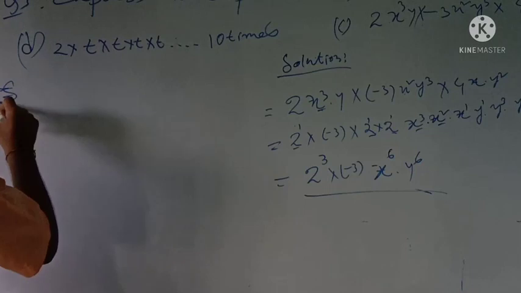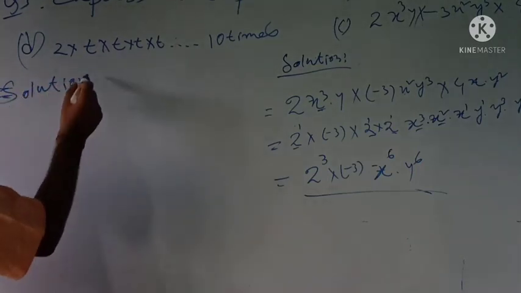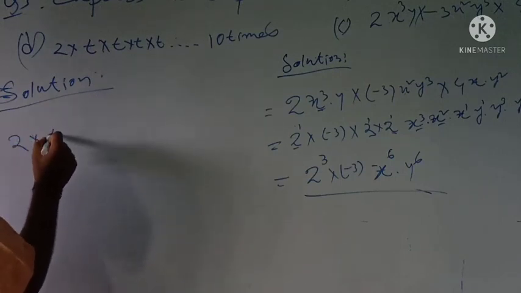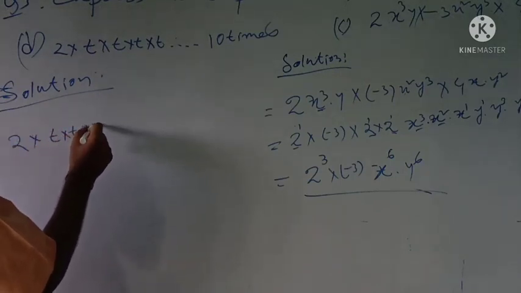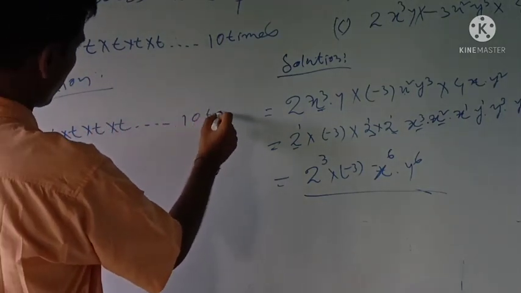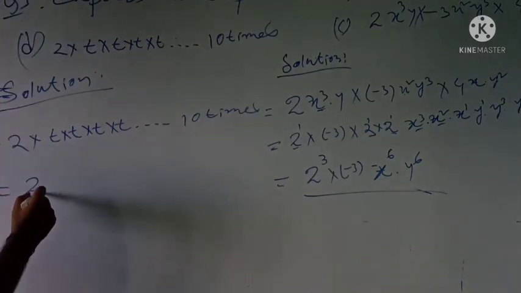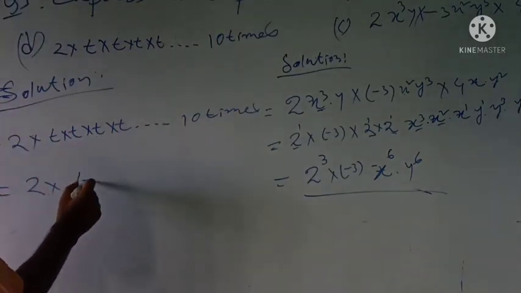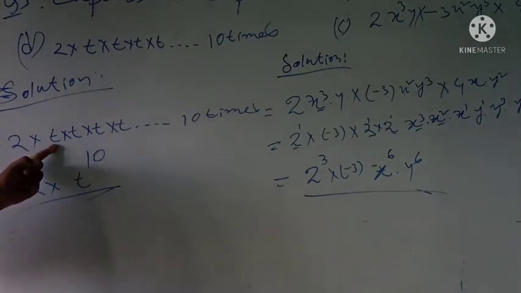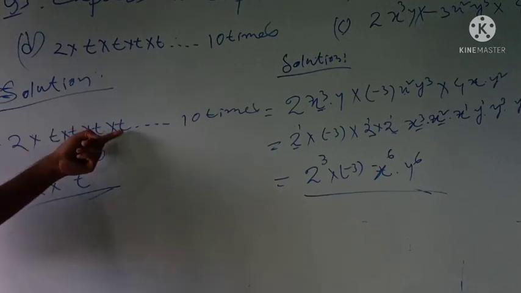So solution: 2 into t into t into t into t, 10 times. Now see, 2 into t raised to the power 10. If t is 2 times, so 1 plus 1, 2; 3 times, 1 plus 1 plus 1, 3; 4 times, 4.